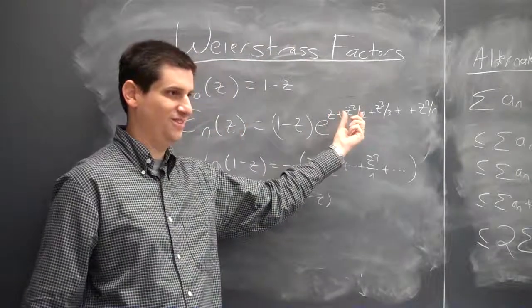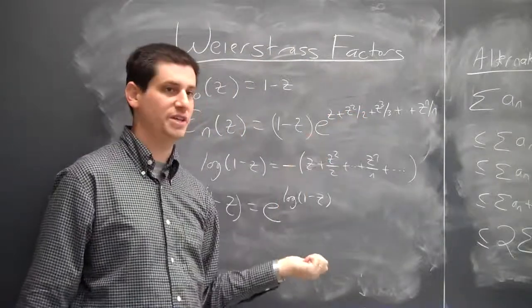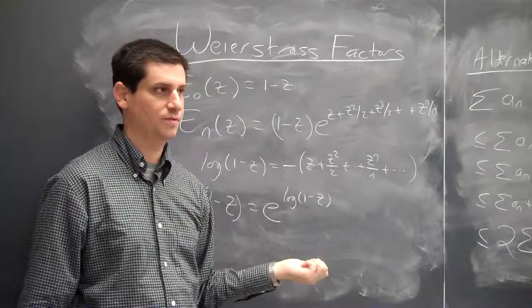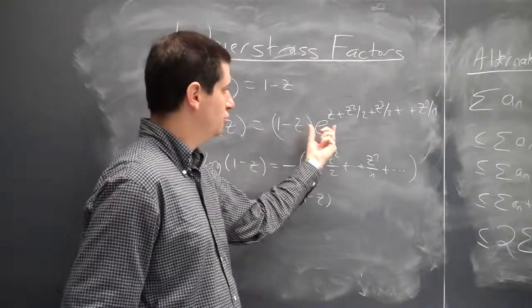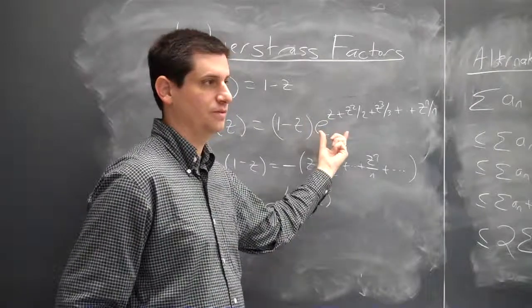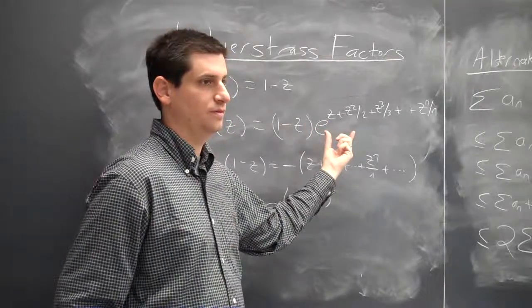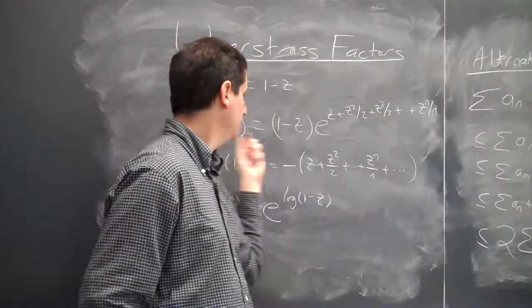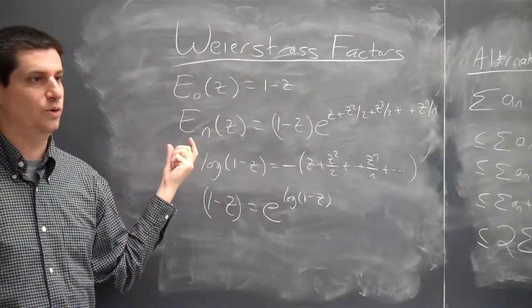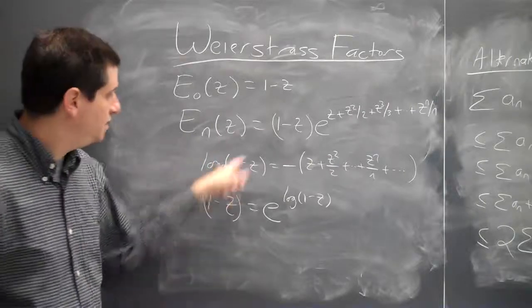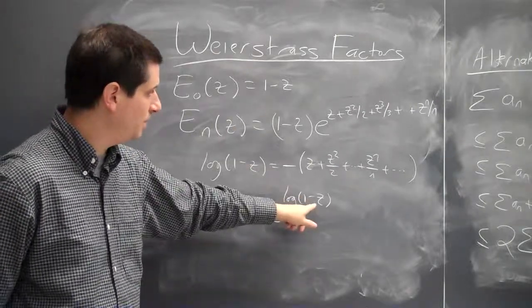notice something. There's going to be a huge amount of cancellation. And so the whole point is this whole product, E_n of z, should be close to what number? 1. Because this is looking like e to the log of 1 minus z.